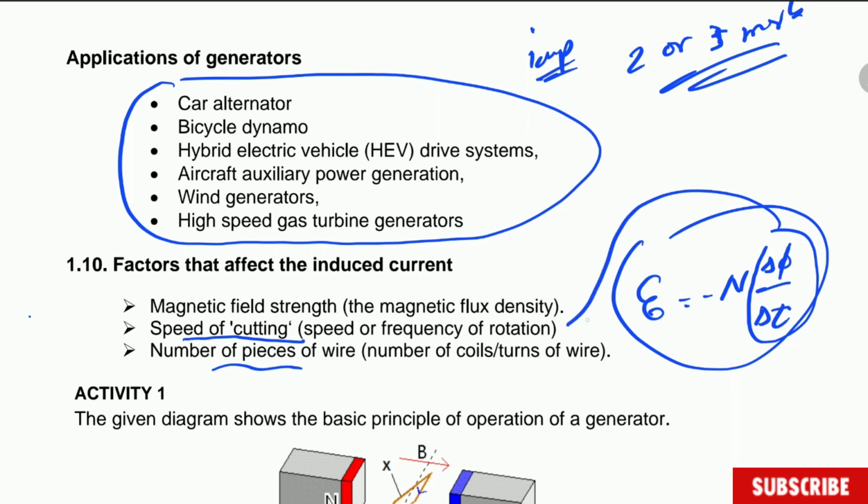This one is a factor, the speed of cutting, how fast you increase or decrease, and n represents the number of wires. So this is quite important. Okay, so I hope it helped.